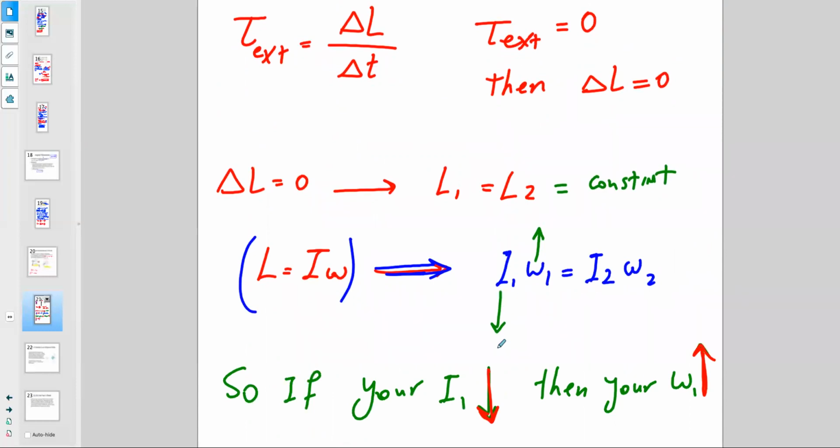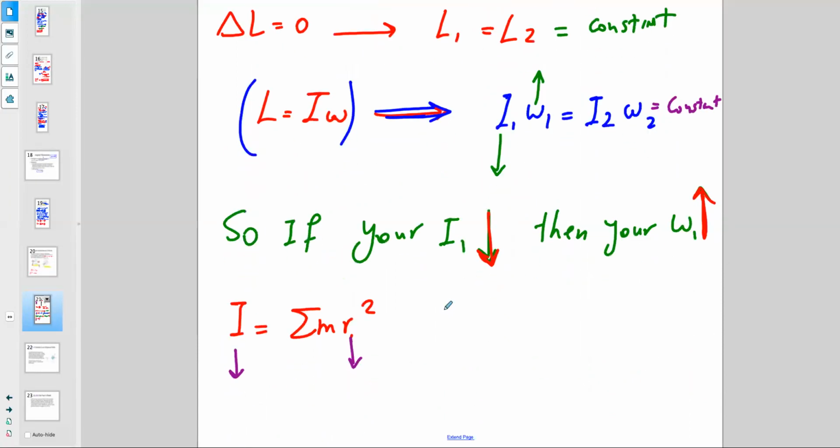So if I is decreasing, then omega should increase to compensate in order to have a constant value.